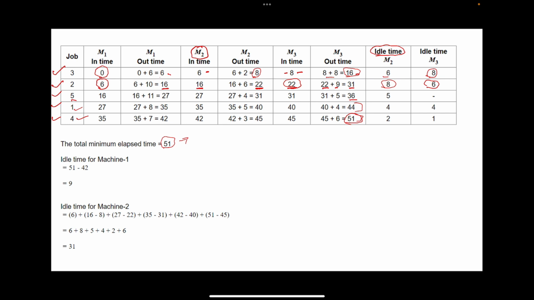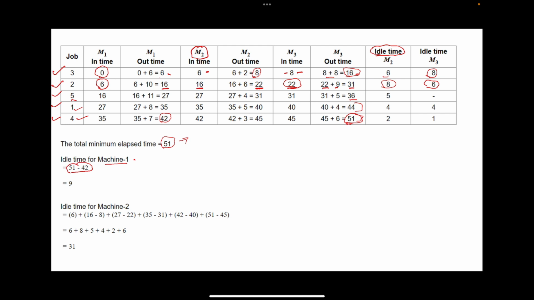So it will take 51 units of time, let it be minutes for simplicity's sake. It will take 51 minutes to complete all the jobs. The idle time for machine 1 will be 51 minus 42, because the jobs are completed at the 42nd minute, but the complete operation is completed at 51 only.